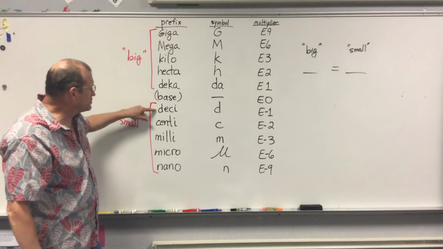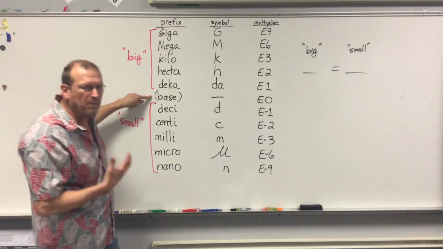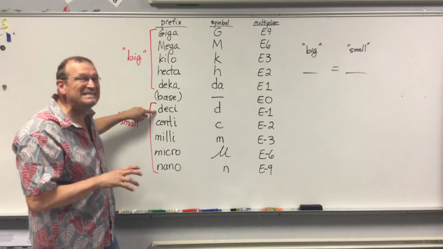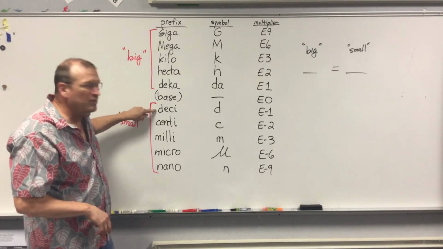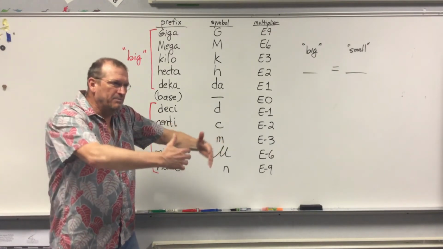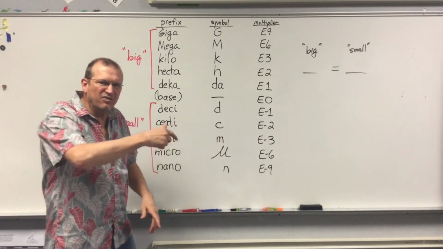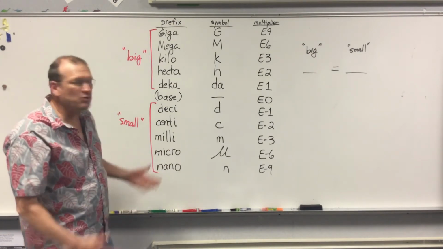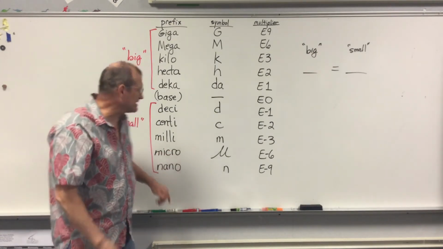So again, going back to saying my base unit is a pizza, if I wanted to talk about a deci pizza, what a deci pizza would refer to is 1/10 of that pizza. So it'd be kind of a small slice.